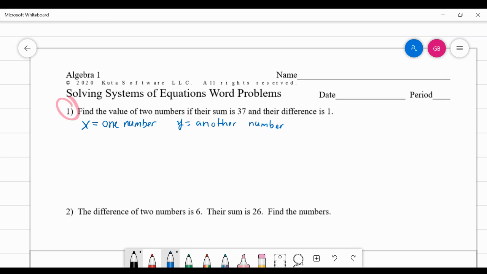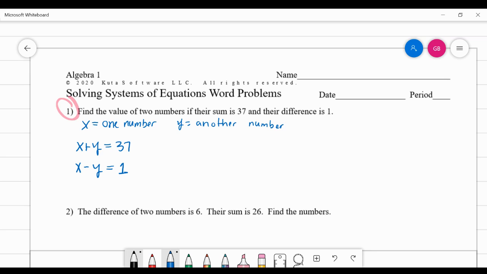So the sum is 37. So if I add the numbers, x plus y, you get 37. That's one equation. And then they also tell you that their difference is 1. So if I subtract x minus y, then the difference is 1.